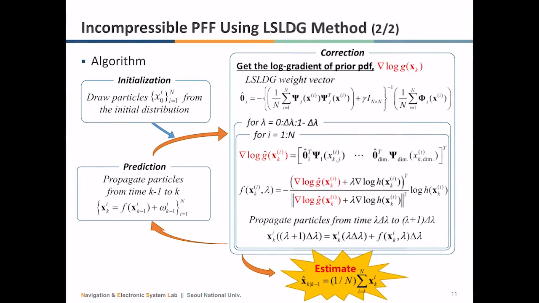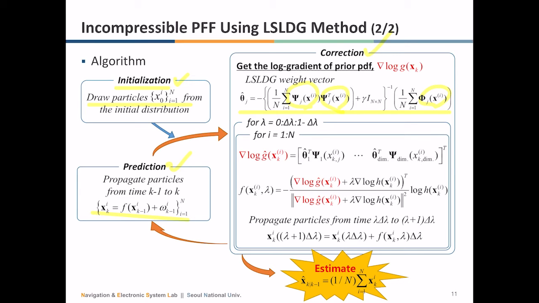The proposed algorithm is summarized as follows. First, the initialization phase performs random sampling according to the model of the initial stage. Secondly, the prediction phase propagates particles according to the system dynamic model, just like a typical particle filter. Next, the correction phase starts with constructing a set of basis functions for the particles distributed by the prior density, and then calculates the weight vector for LSLDG accordingly.